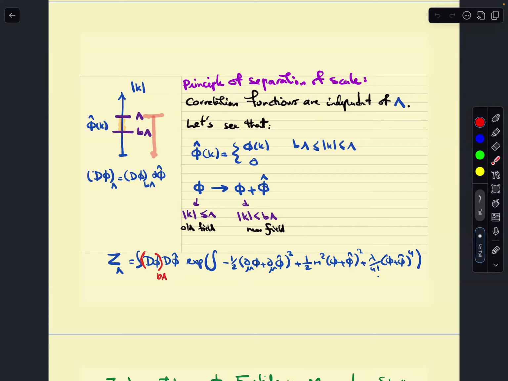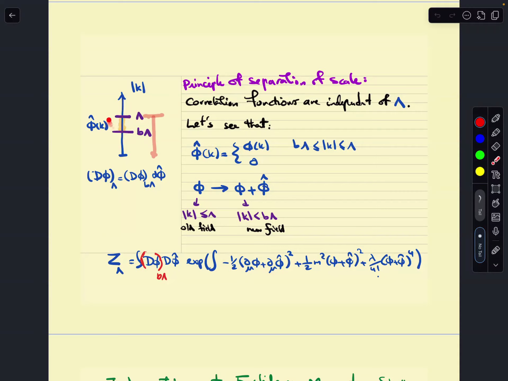You introduce a theory with a cutoff, you lower the cutoff by explicitly performing the path integral for momentum modes that are in between the old cutoff and the new cutoff, and this could be arbitrarily close to each other by taking b very, very close to 1. We're going to do that in a bit, right?